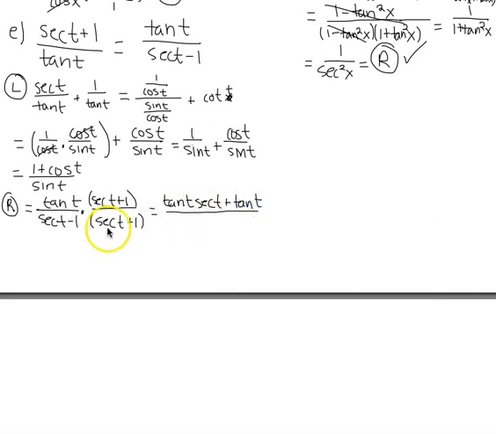In the bottom, this time I'm going to actually multiply them out. And so what I end up with when I FOIL them, secant t times secant t is secant squared t. And then my outsides and insides are positive secant t and negative secant t. They cancel each other out, so I don't need to write those. And then negative 1 times 1 for the lasts would be minus 1.